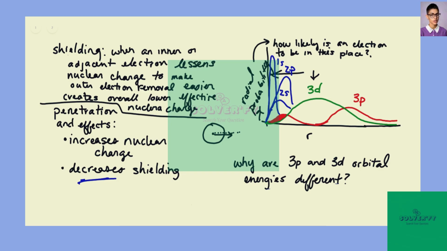So why are the 3p and 3d orbital energies different? Penetration, which decreases shielding.